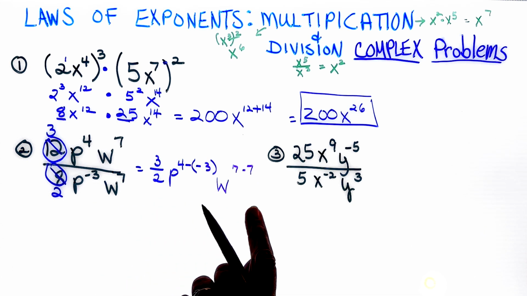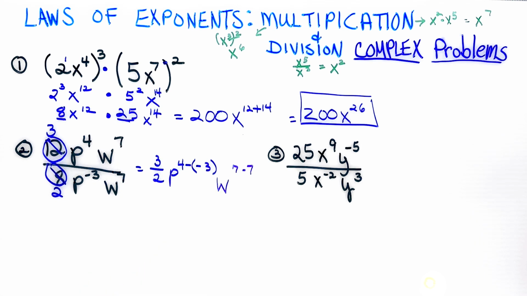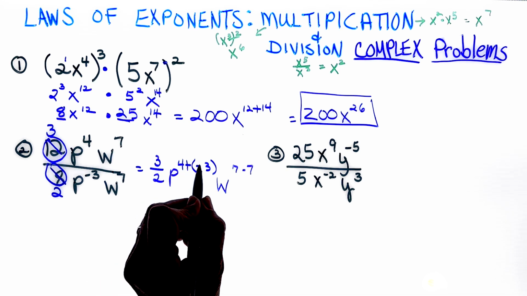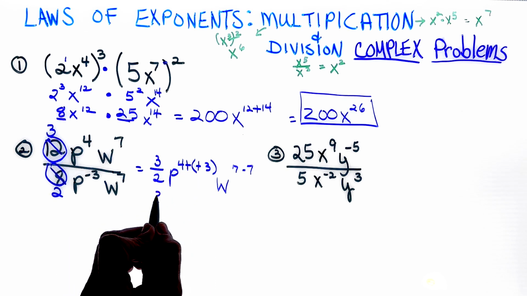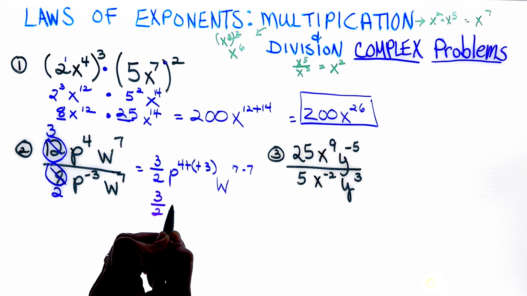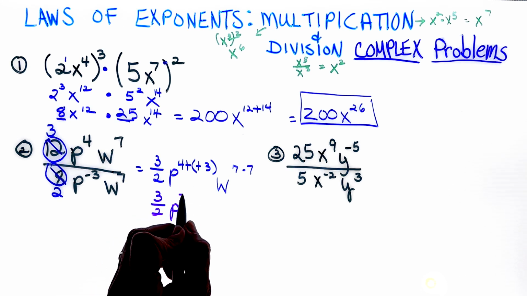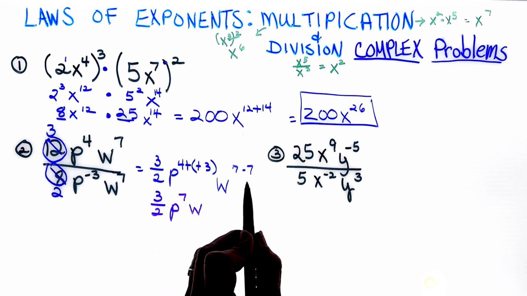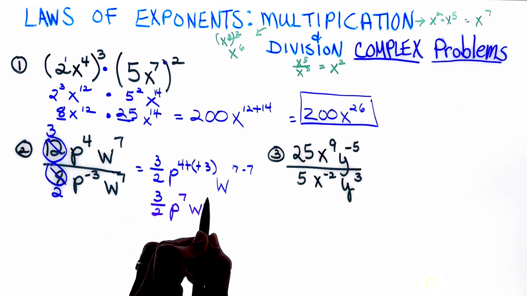All right, looking at this problem, we know because of integers, whenever we subtract, we will be adding the opposite here. So I have 3 halves p to the 7th. And notice w is just 7 minus 7, which is 0.